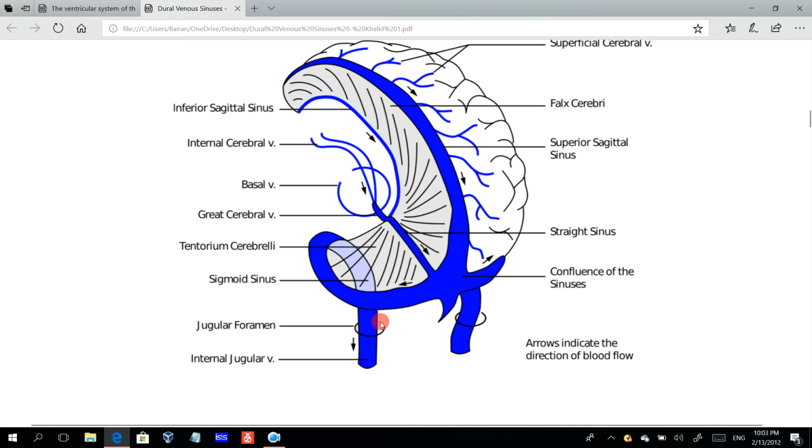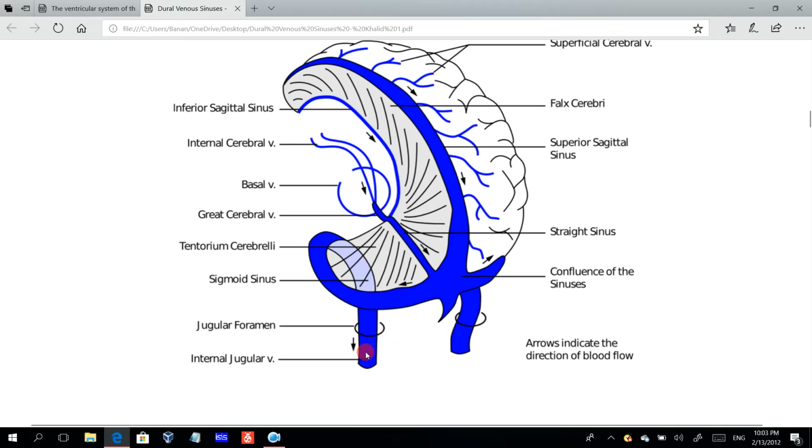The end of this sinus, of course, one on the right, one on the left. This is the right jugular foramen, this is the left jugular foramen. It leaves these sinuses after it drains the blood from the brain and other intracranial structures. It leaves through this jugular foramen to form a single vein, which is called the internal jugular vein.